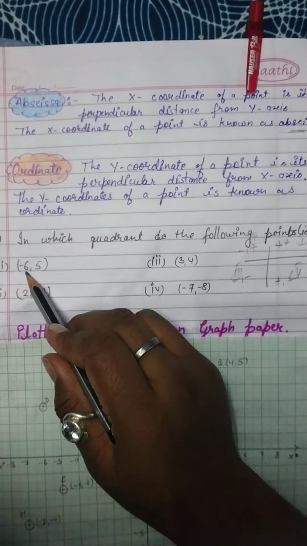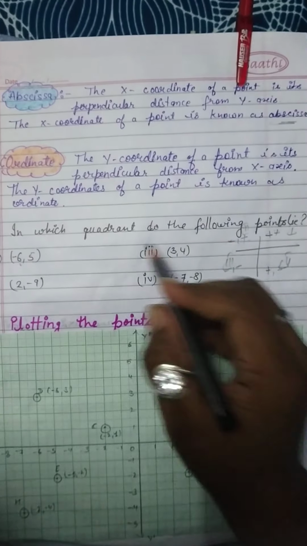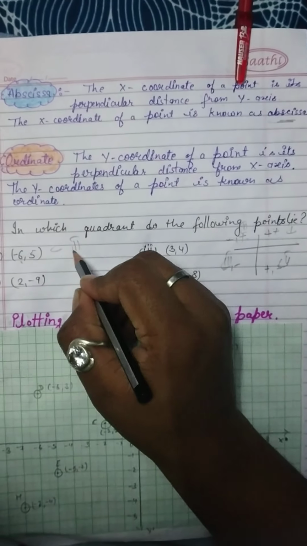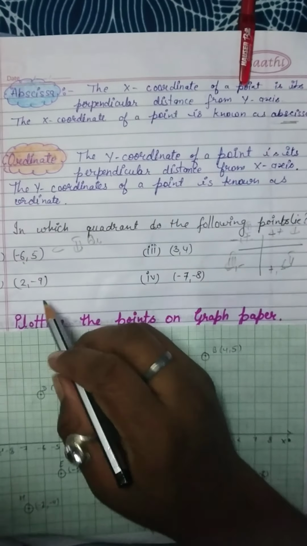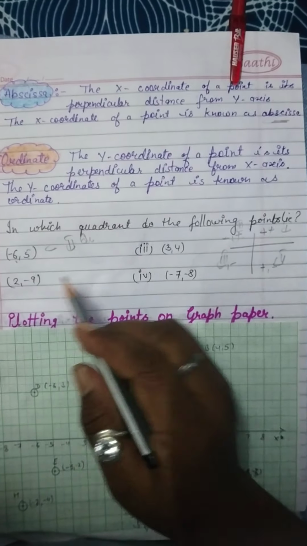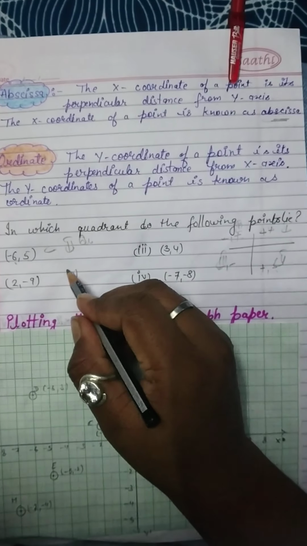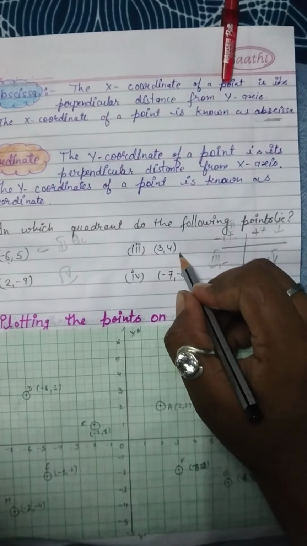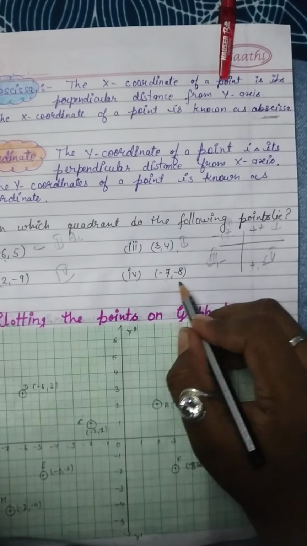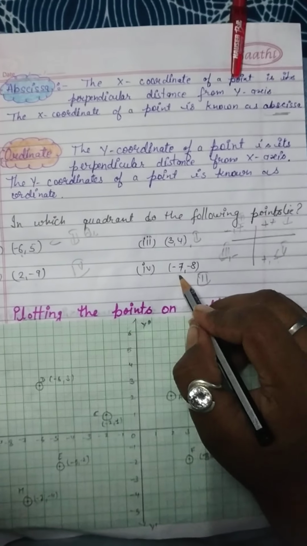First is x minus, y plus, so this lies in the second quadrant. Second question, (2, −9), it means plus minus, that is the fourth quadrant. (3, 4), both are positive, is in the first quadrant, and both negative is in the third quadrant. So solve these types of questions.